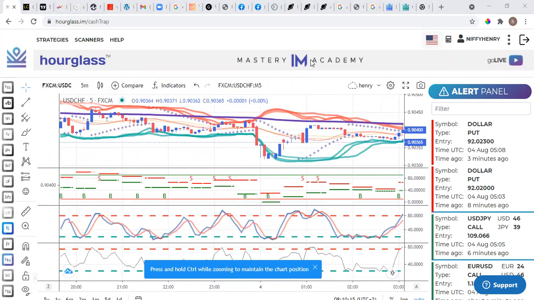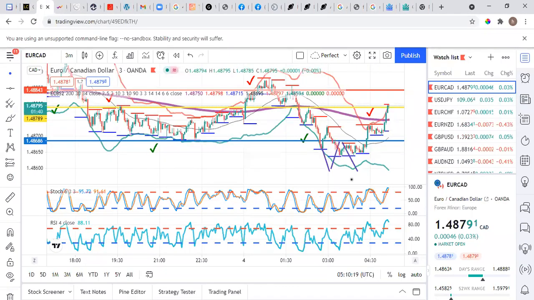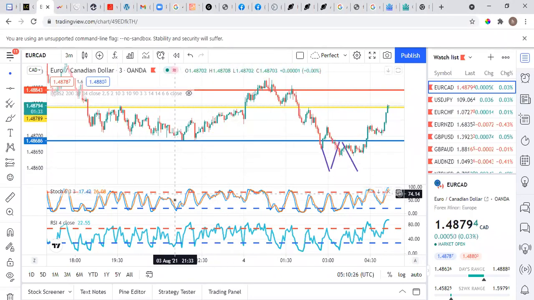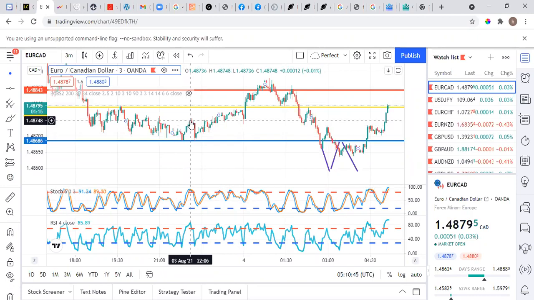Please, how do I know if a trade is overbought or oversold? Okay, it's simple. Let me hide this so that it will not look complicated. If the stochastic line crosses the red line or the upper band, it might be any color, but for me it's red, it has been overbought. The currency has gone up and it has been overbought. Once the currency has been overbought, it's going to sell. And it did.